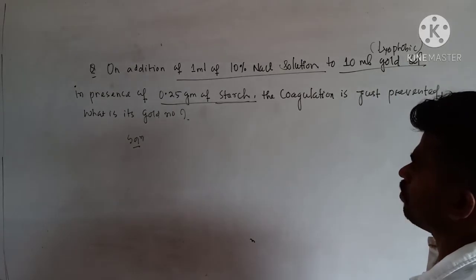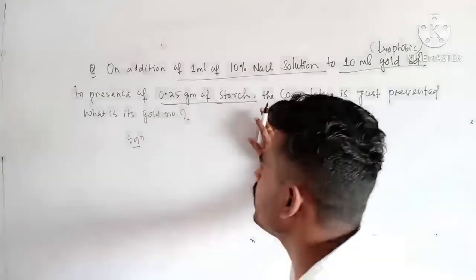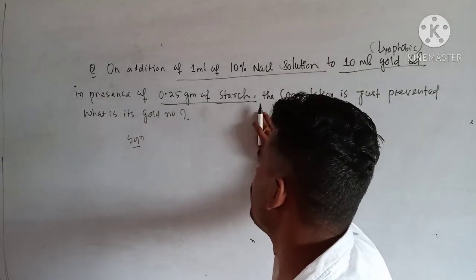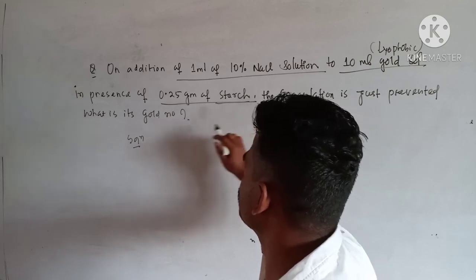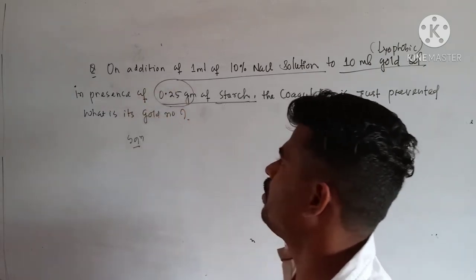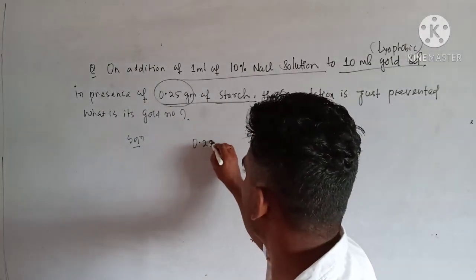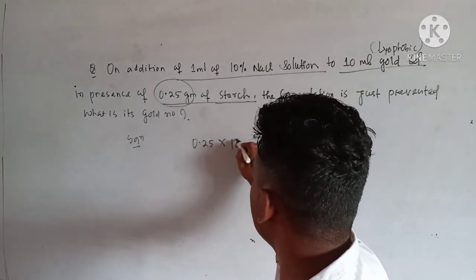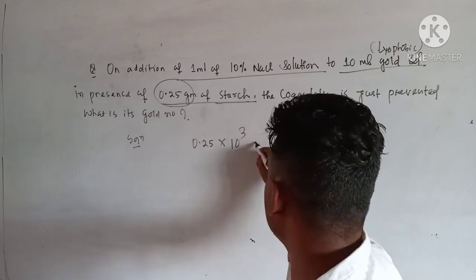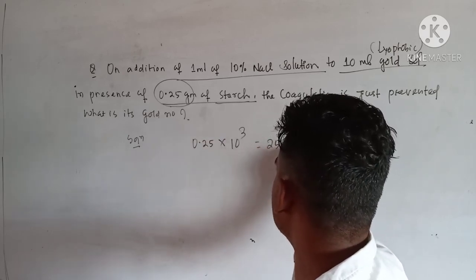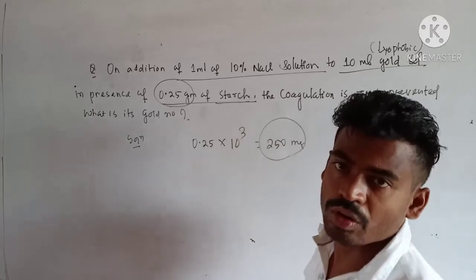What is the gold number? That means every condition is okay, then you have to calculate only the number of milligrams of starch. So you just convert this 0.25 gram into milligram. So the answer will be 0.25 into 10 to the power 3, that will be equal to 250 milligram. So this one is your gold number.